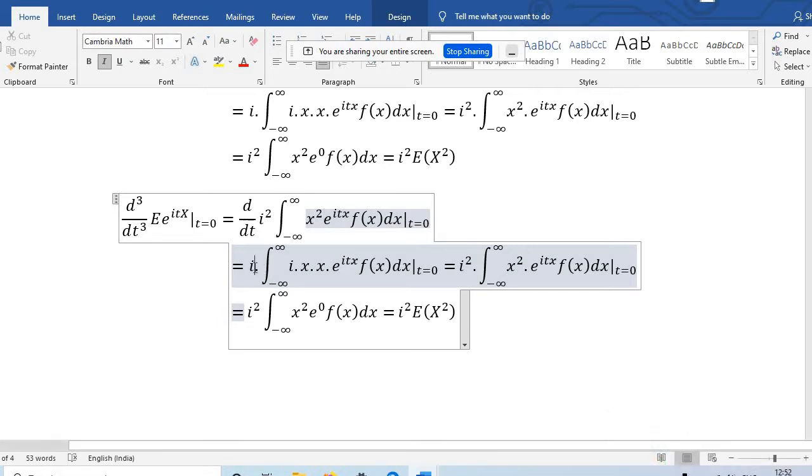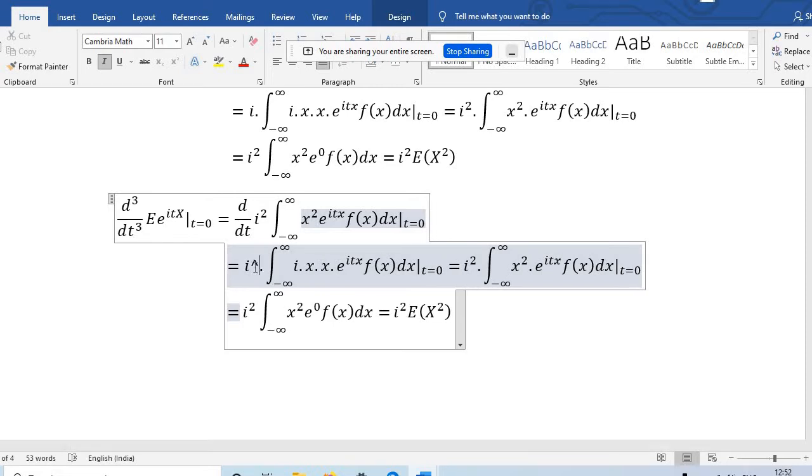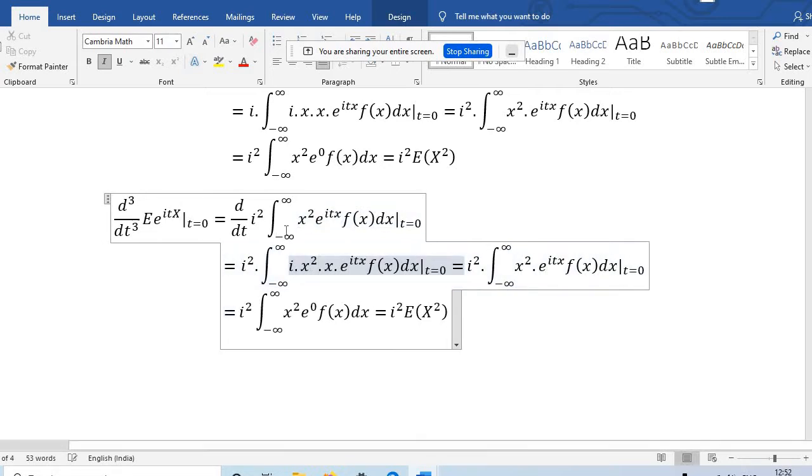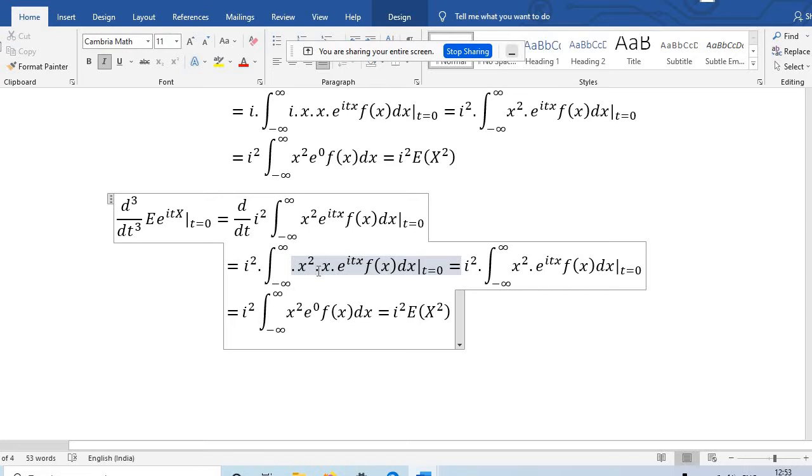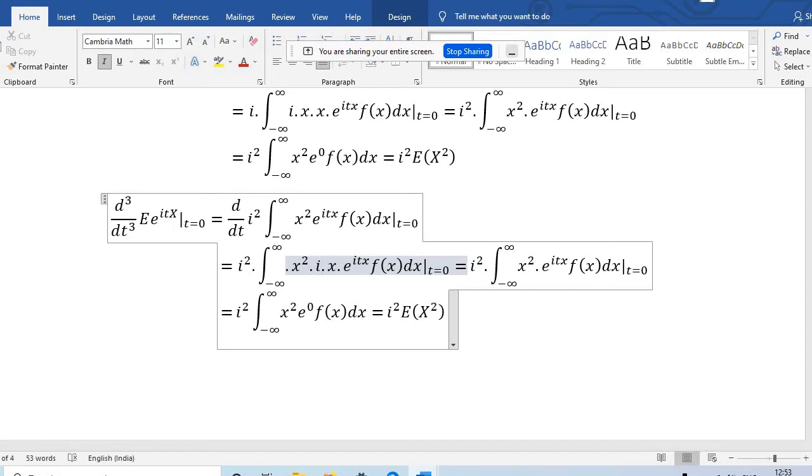That is actually I square into, we can take the differentiation inside, and so that you will get I into x. I into x square into I into x into e raised to itx f of x dx at t equal to 0. So that can be written as I raised to 3 into integral minus infinity to infinity x raised to 3 e raised to itx f of x dx at t equal to 0.